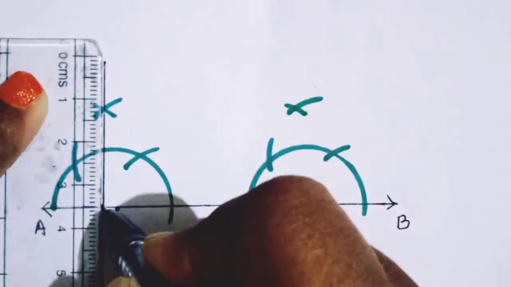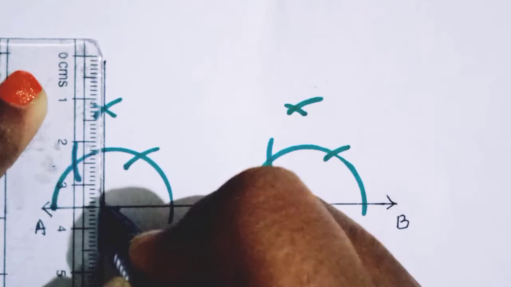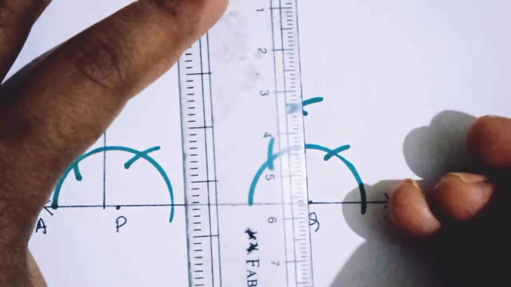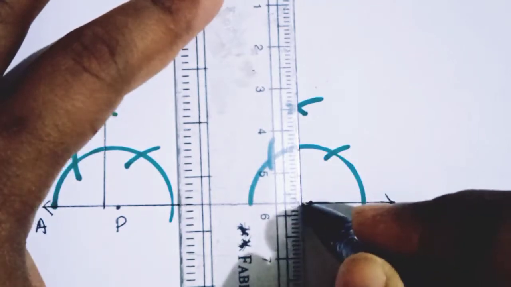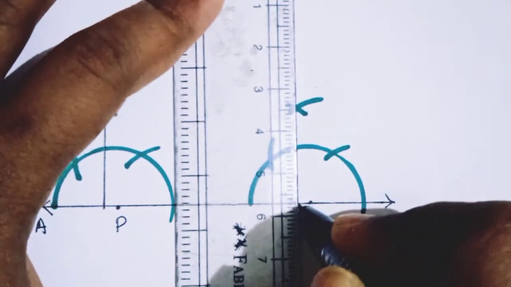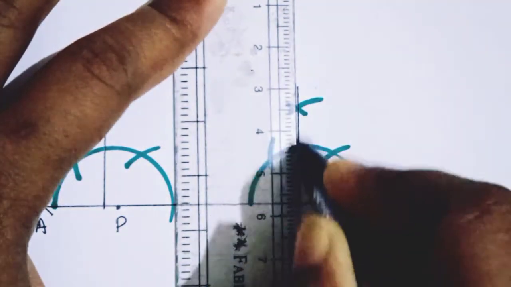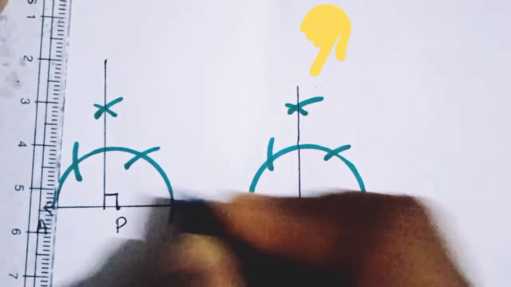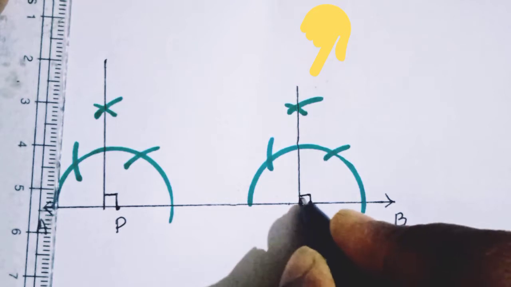And you can check using the protractor whether it is exactly 90 degree or not. Do it carefully. You can mark it as 90 degree.